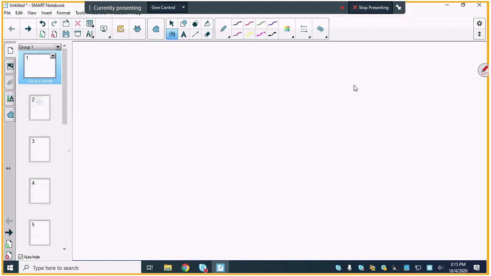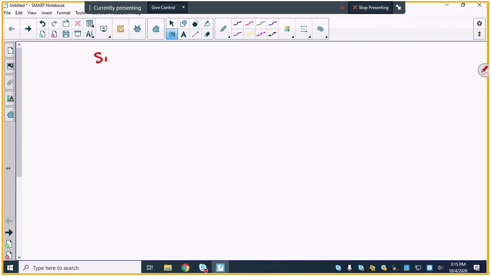So let's think about what was the formula for sine of alpha plus beta. Sine of alpha plus beta was sine alpha cosine beta plus cosine alpha sine beta. What if alpha and beta are equal to each other?